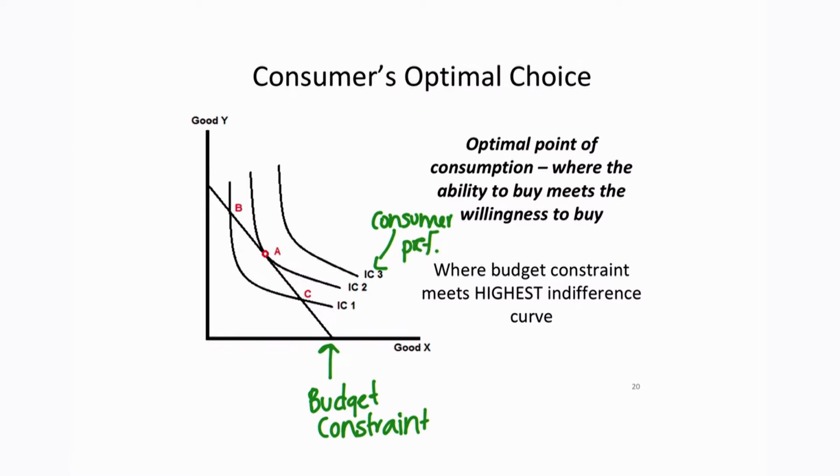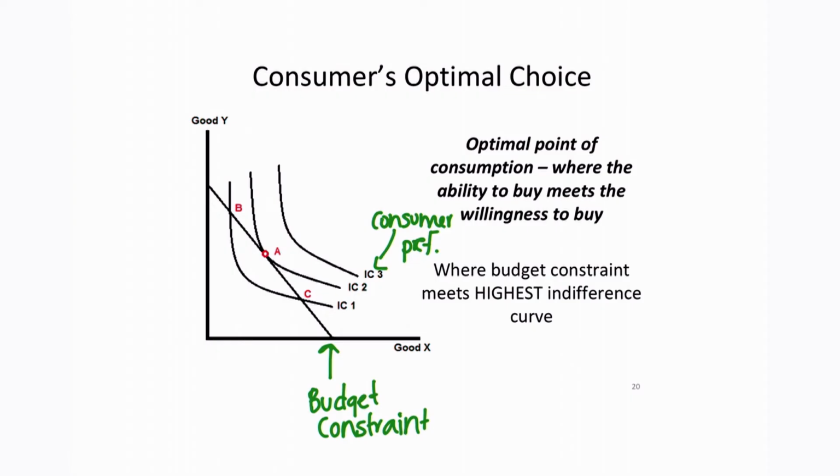The optimal point of consumption is going to be where we can reach the highest level of satisfaction given our income. So the optimal point of consumption is going to be the point where our budget constraint meets the highest indifference curve. Or in this example, it will be point A.